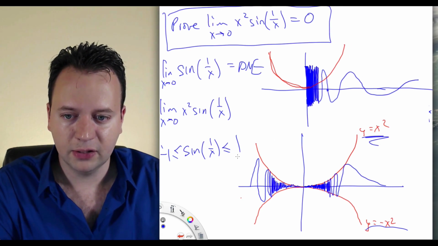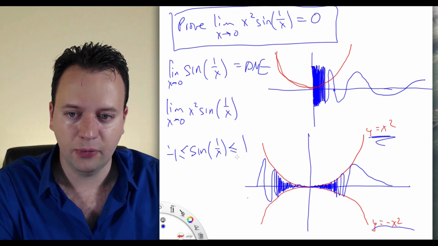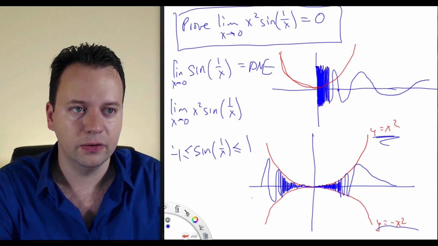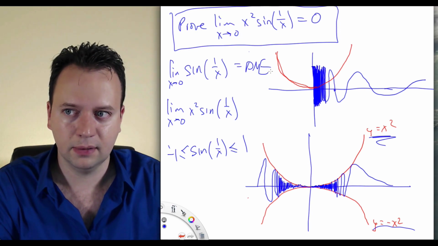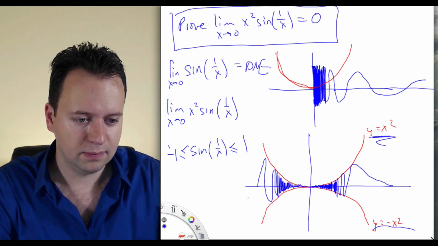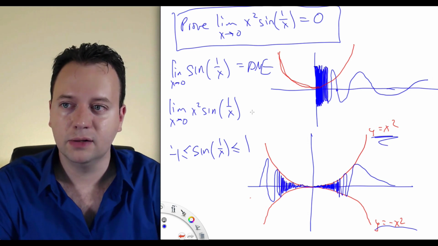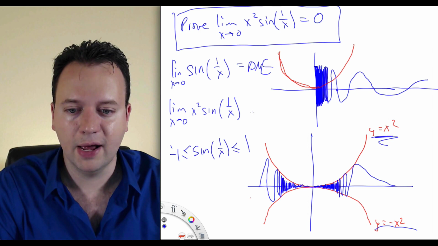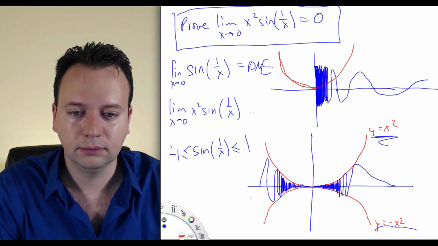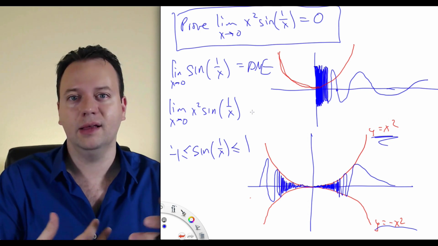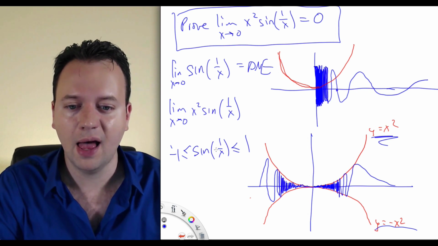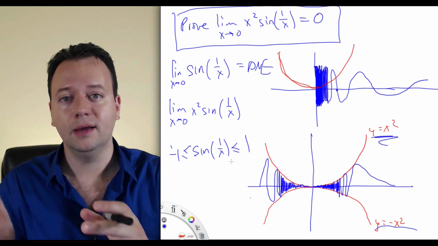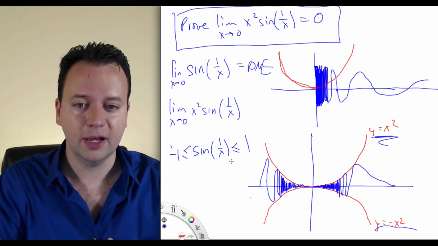That's just a fact that the output of sine of x for any x value always returns a number between -1 and +1. So it doesn't matter if you get something fancy on the inside of the sine. It could be sine of something really complicated. The output will always be greater than or equal to -1 and less than or equal to +1.